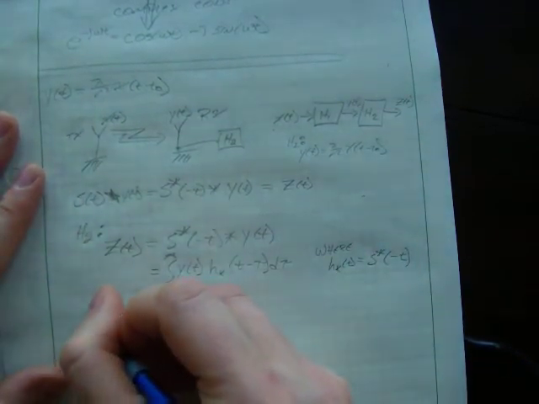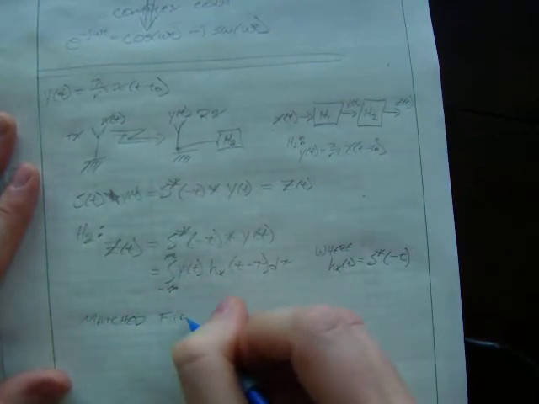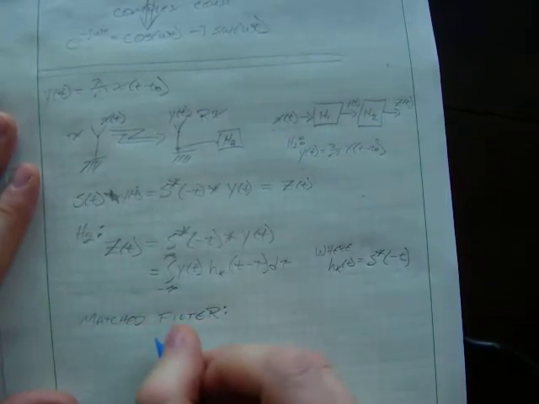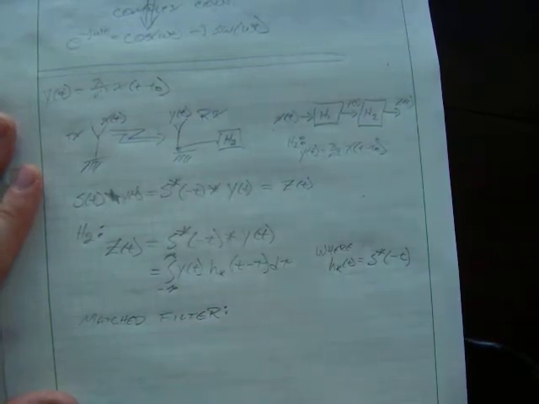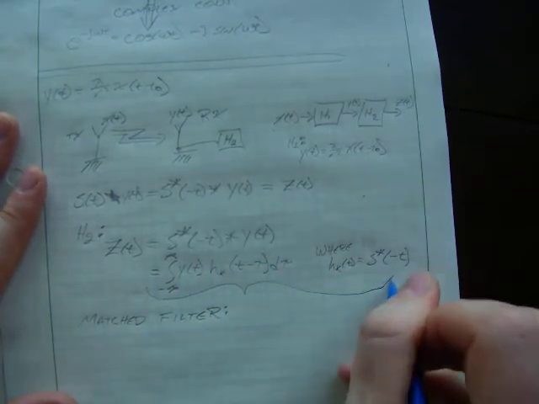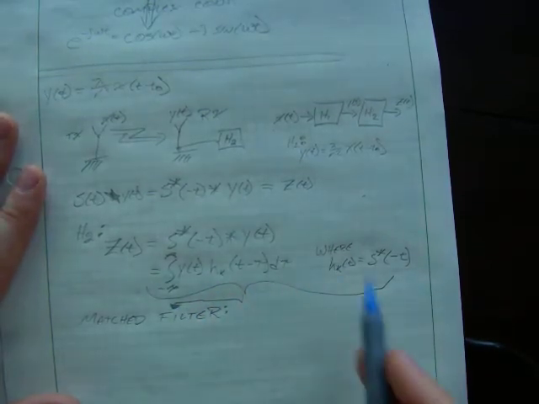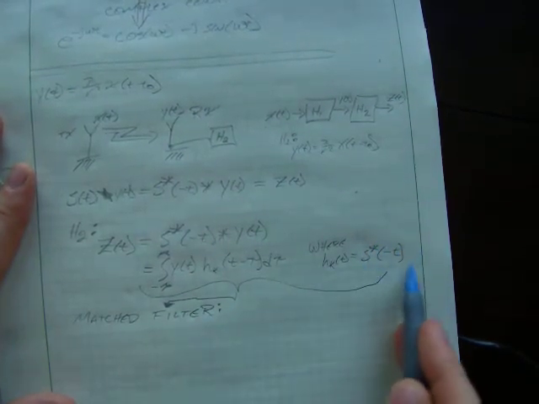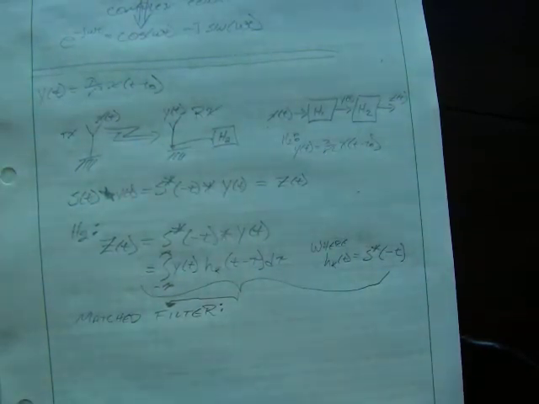So all of this is the matched filter. The important thing to remember: matched filter, time flip, complex conjugate is what we're using for our filter coefficients.